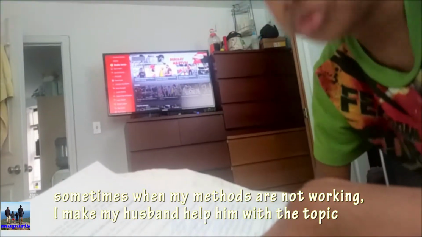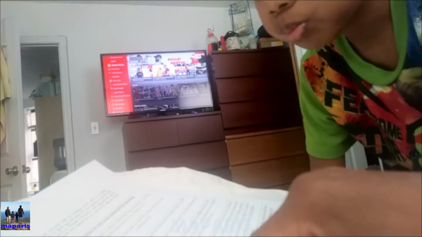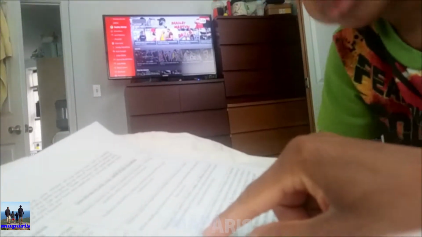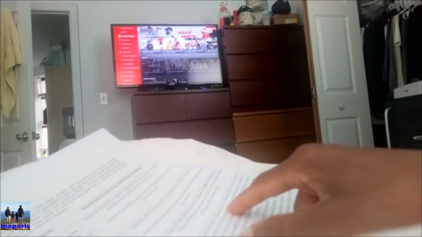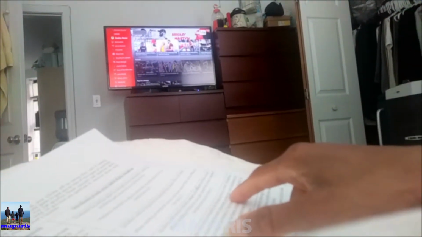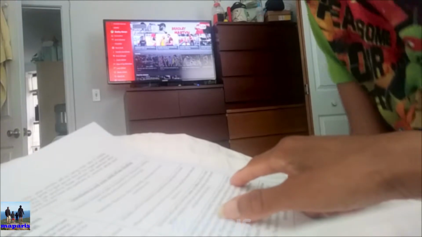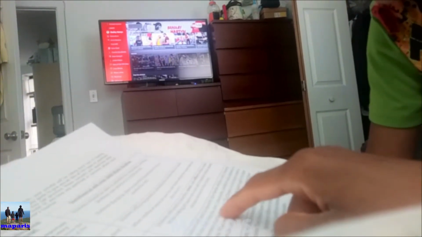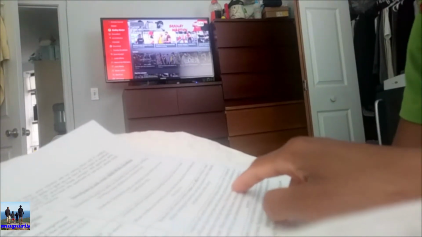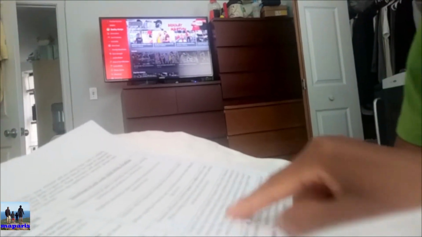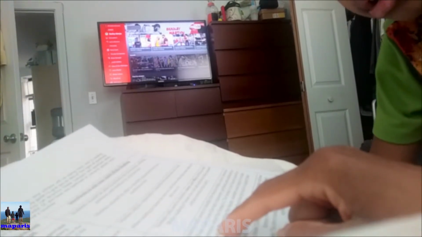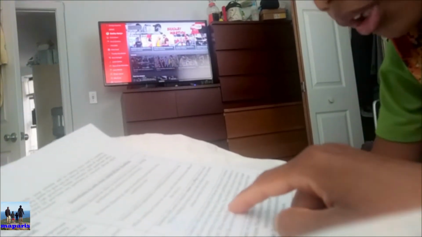Theme. What the reader can learn from the story and apply to their own life. Okay? So read this. Students will need to identify the theme within a text. Students will use clues from the text, character, problem, and solution to determine what the theme is.